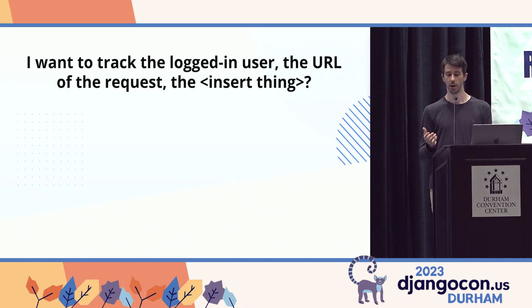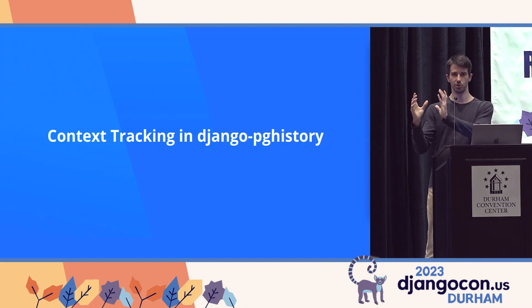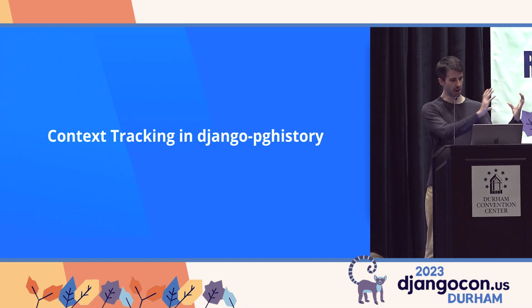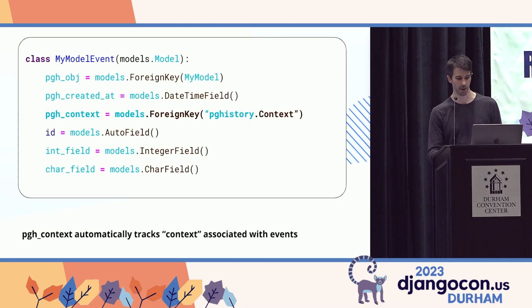You can do all of this with PG History context tracking. Think about it this way: database triggers are writing all the events. You have your application over here though, with its authenticated users. You might wonder, how on earth do I share data from the application with those triggers so that it can associate those events with metadata? And you can do that.